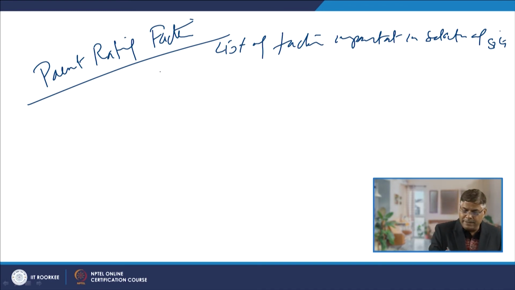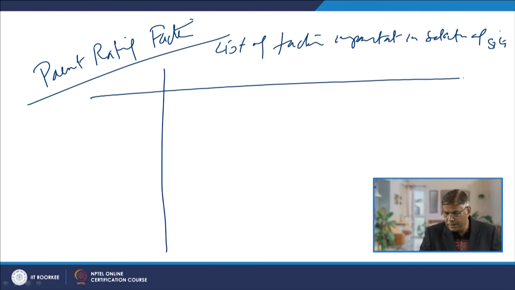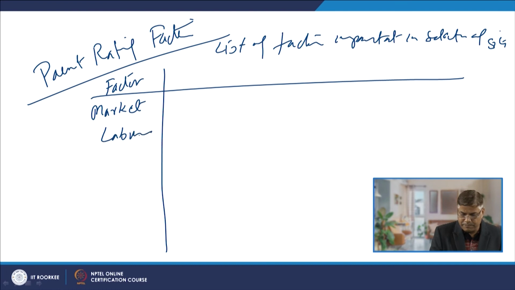Then we identify the maximum weightage which can be given to a particular factor. Beyond that, the weightage of that factor may not be important. Say the factors being considered are market demand, where the market is located, labor, raw material, power, taxation, water, or any other factor likewise.